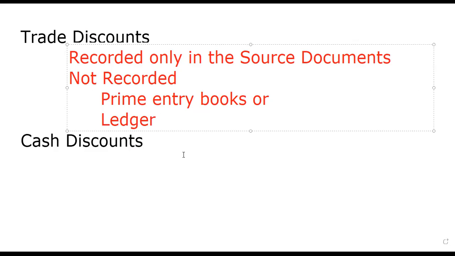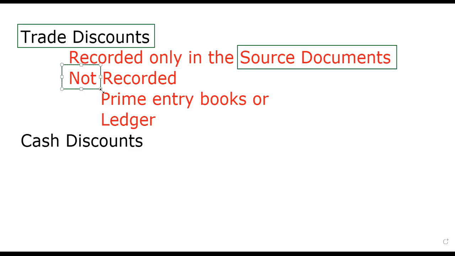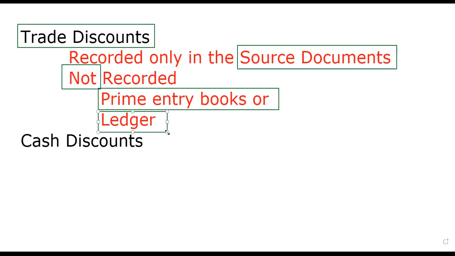Once again, I'm referring to trade discounts. Trade discounts are recorded only in the source documents, hence they are not recorded in the prime entry books or in the ledger. Are we clear? That is trade discounts.